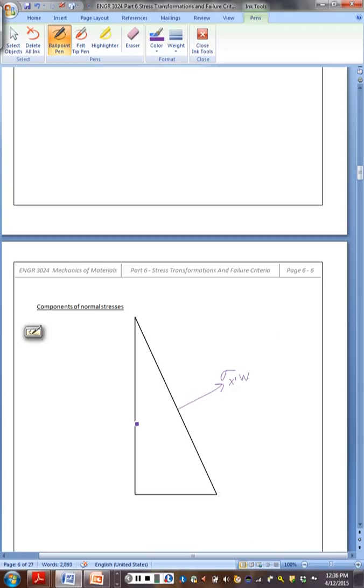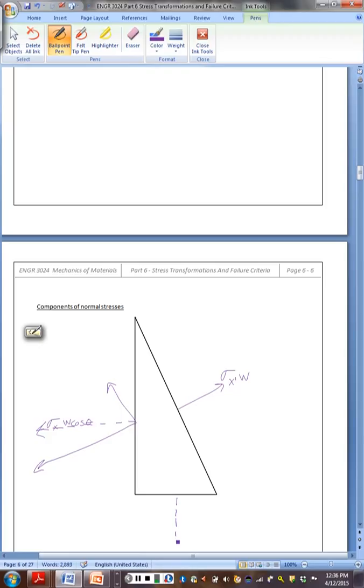And in the x direction, in a dotted line, we have sigma x W cosine theta, and we want to resolve that into components in the x prime and y prime directions.